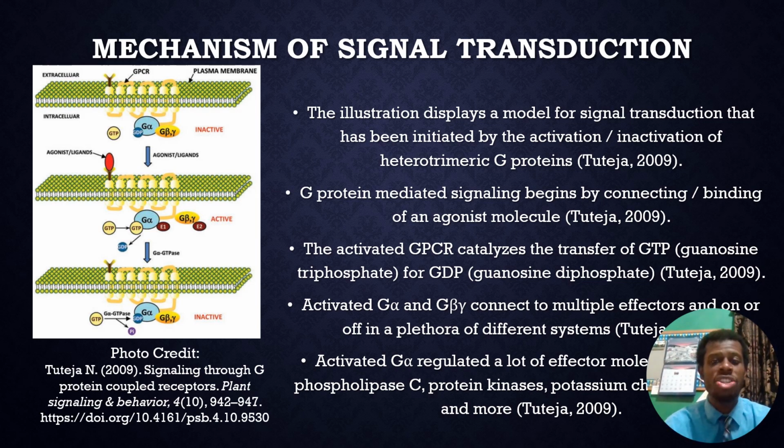The GPCR is going to stimulate the exchange of guanine diphosphate and guanine triphosphate. As this exchange occurs, the activated state of the GPCR is going to catalyze the transfer of GTP for GDP, respectively.